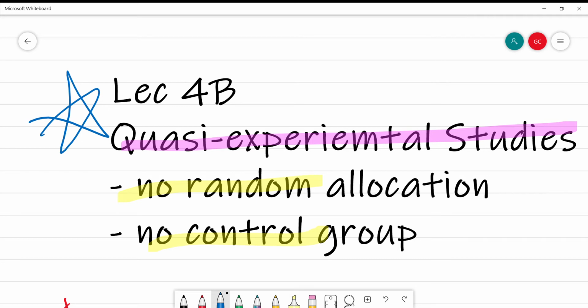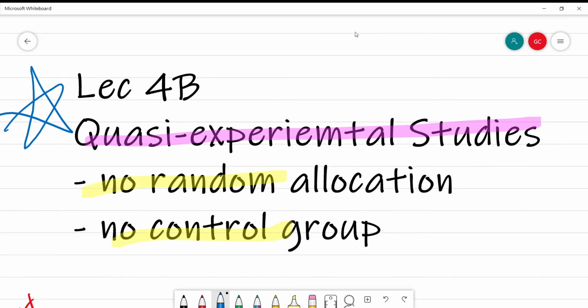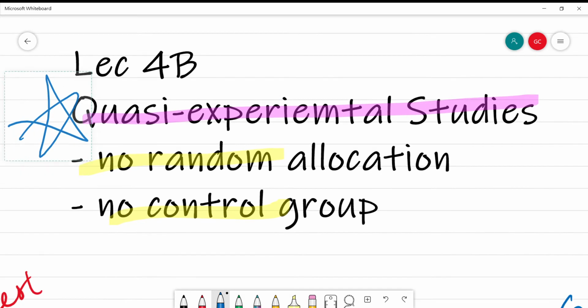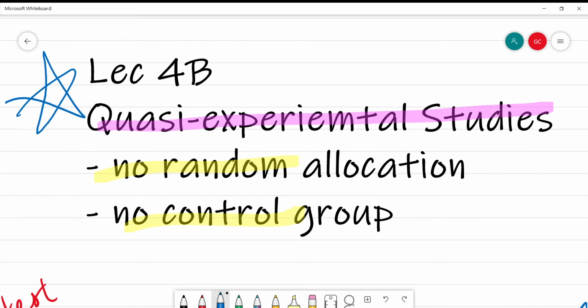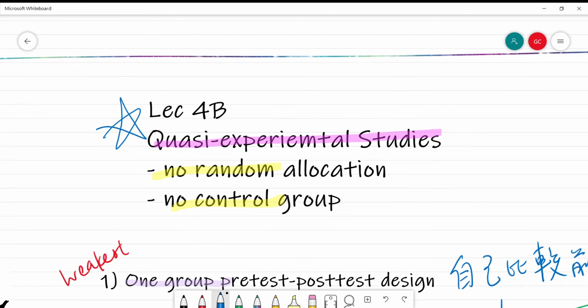Thank you for watching. So today's lecture is about quasi-experimental studies. First of all, I would like to introduce that I've taken this star in the left upper corner because it's very important.